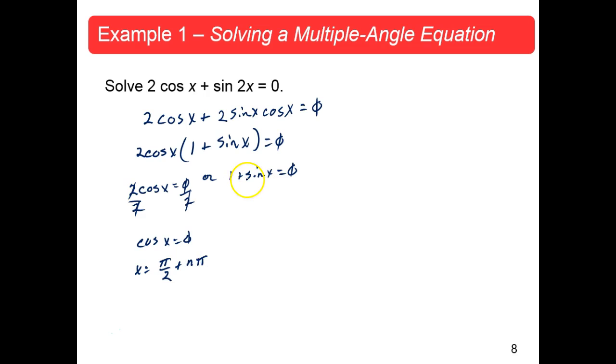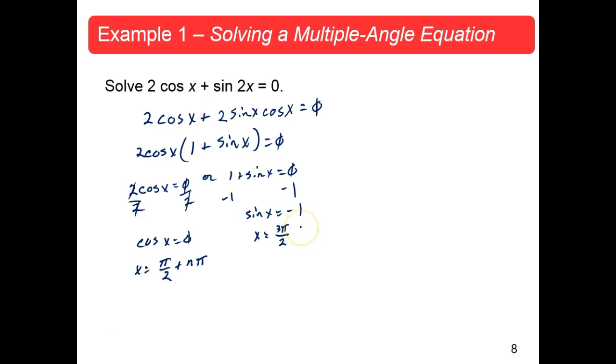Okay? Now, how about that second equation? What would you do there? So subtract 1 from both sides of that equation, and that gives you sine x is equal to negative 1. Now we ask ourselves, what values of x, when you take the sine of it, would give you negative 1? 3 halves pi, exactly. So x equal 3 pi over 2.